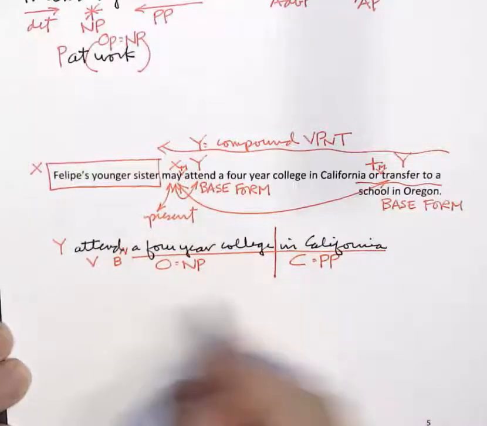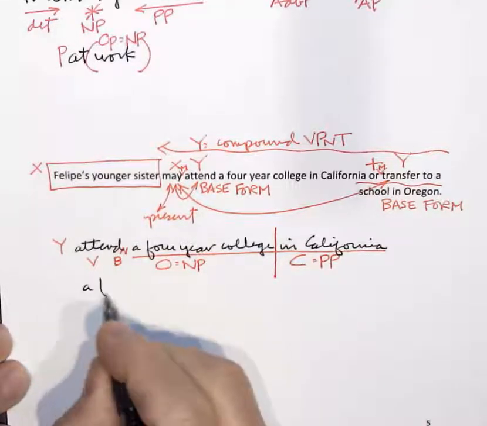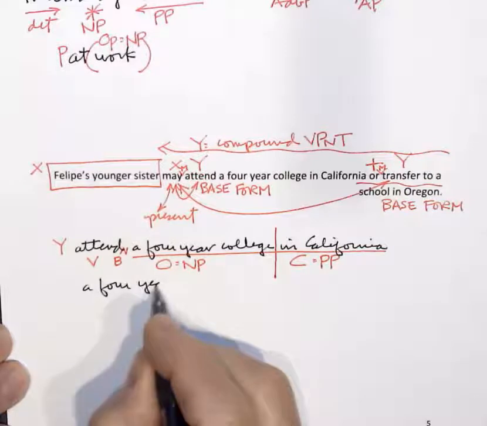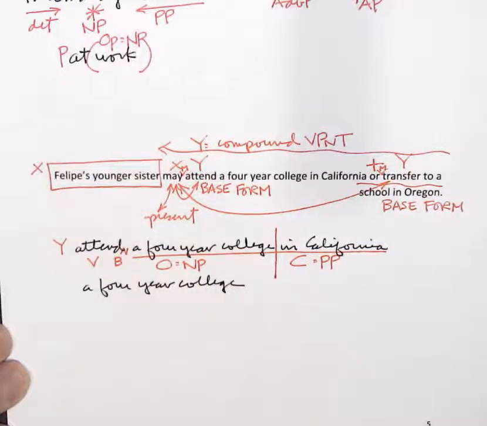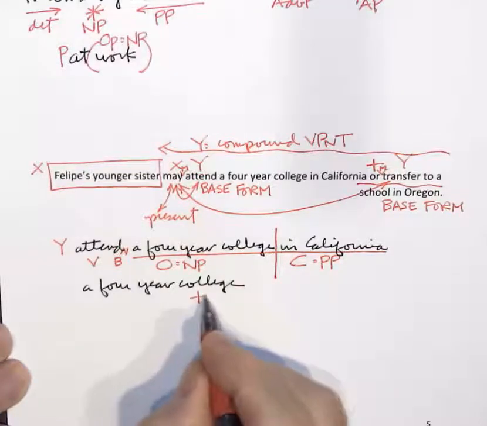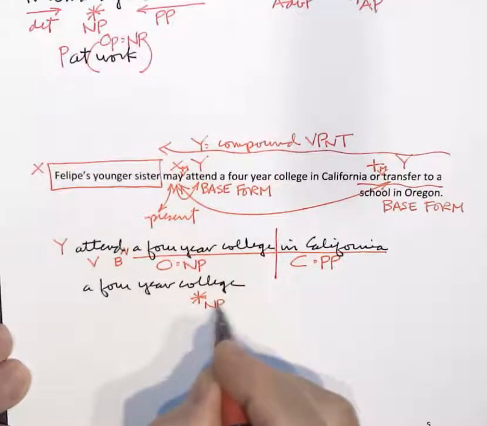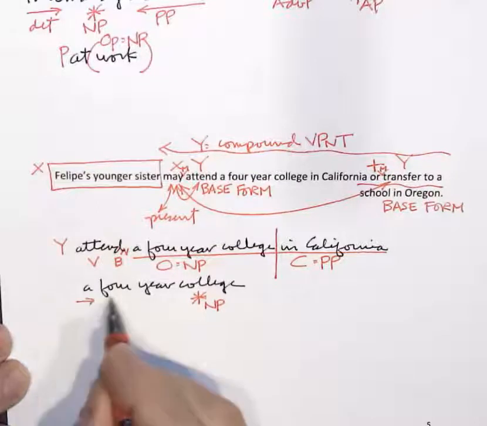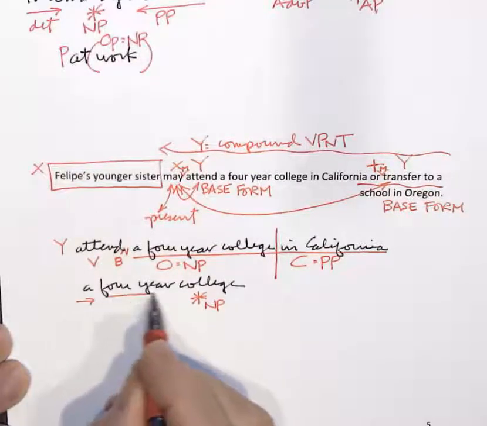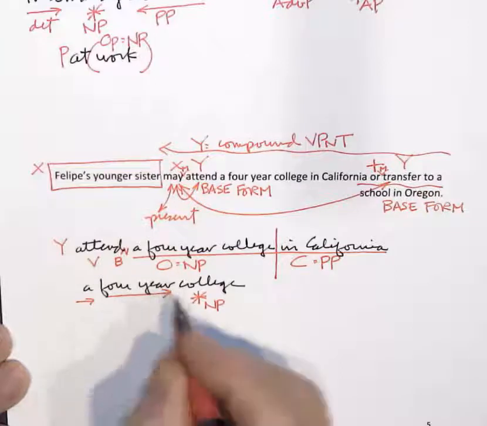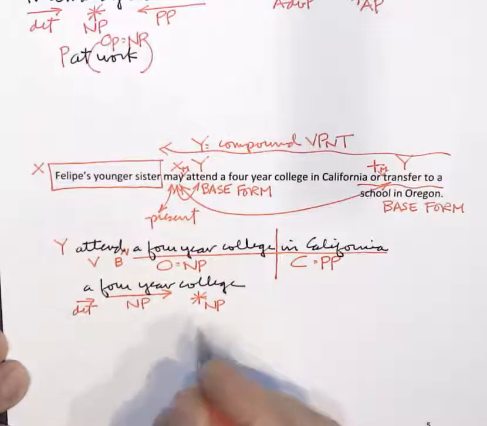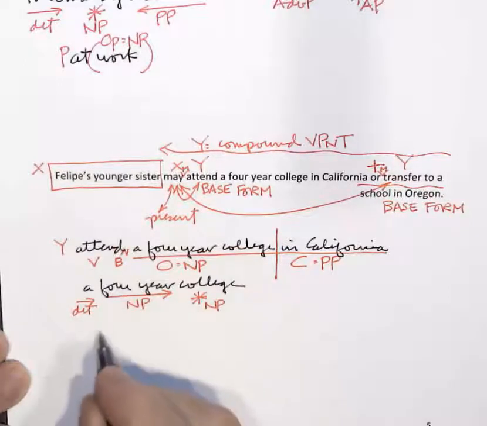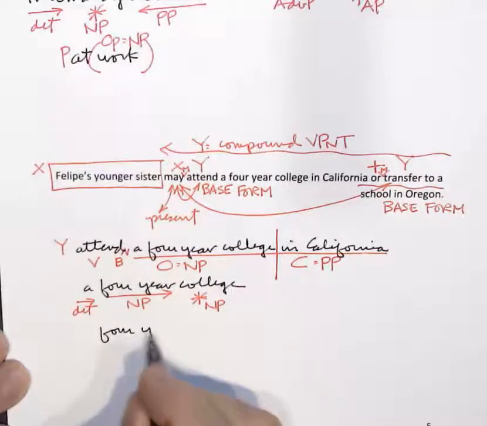And let's see, what else can we do here? So let's rewrite the noun phrase. A 4-year college. College is the head. It's a college. It's not for college, it's 4-year college. This is one phrase. That's a noun phrase. So let's rewrite our noun phrase, 4-year.